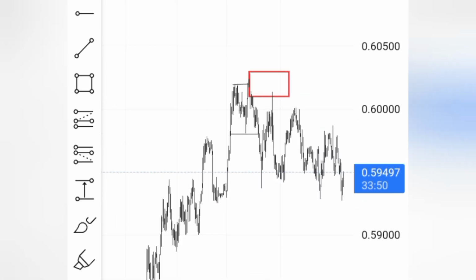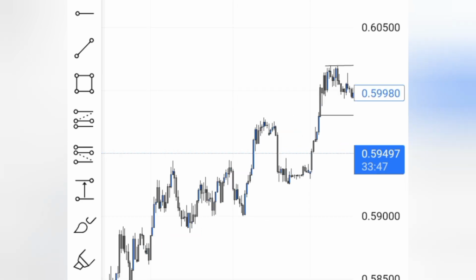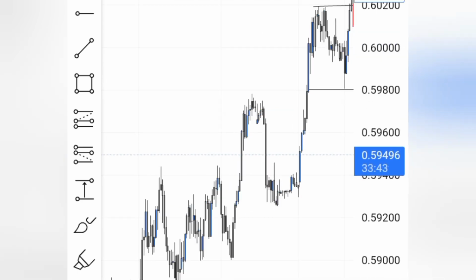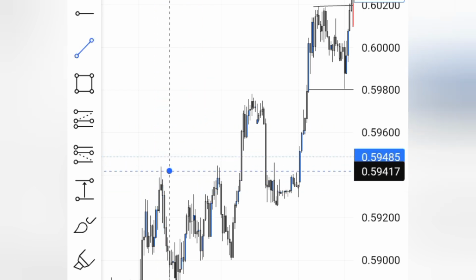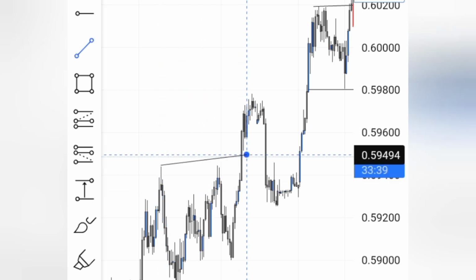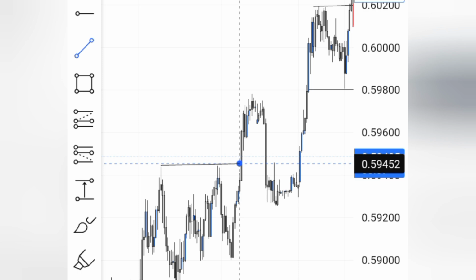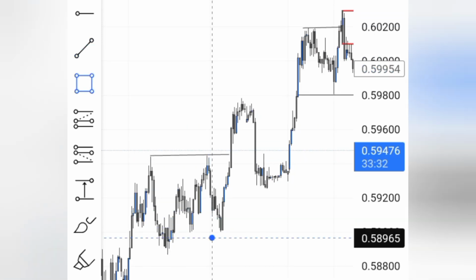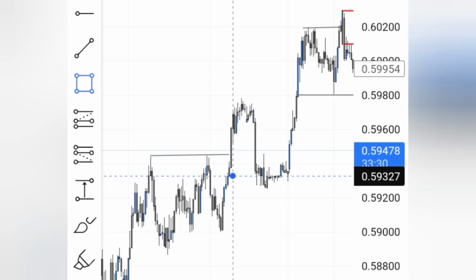We have this also. Now we have this break of market structure right here. After identifying that break of market structure, can you see how the rapid buys started right from here?